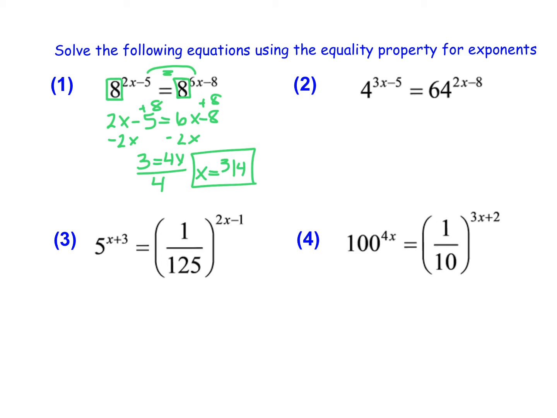Now, if we look at this second example here, what I notice is that we do not have common bases here. We have a base of 4, and we have a base of 64, which isn't quite the same. But what I know about 64 is 64 can be rewritten into a base of 4, because 64 is 4 to the power of 3. So I'm going to rewrite 64 as 4 to the power of 3 here.